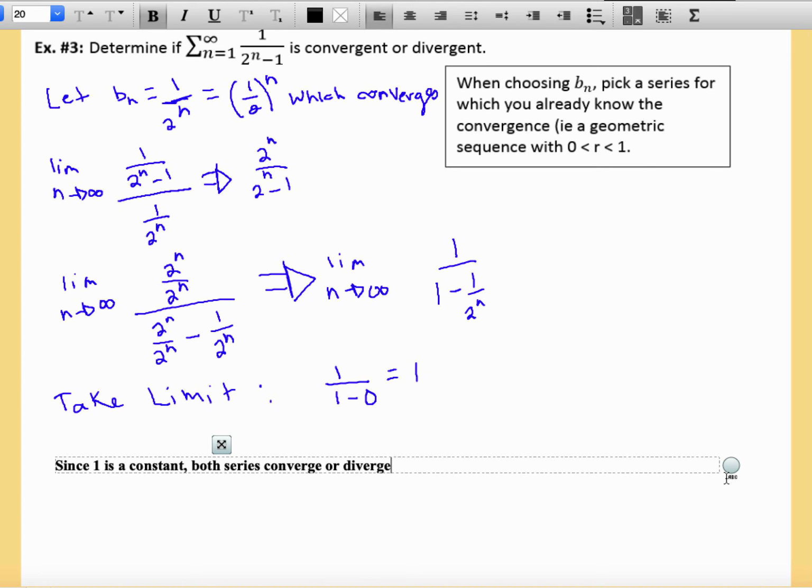And since we know that b sub n converges, a sub n has to converge as well.